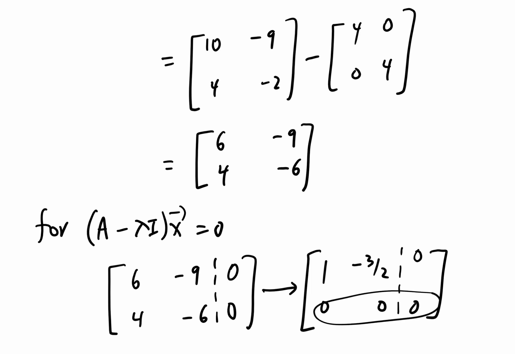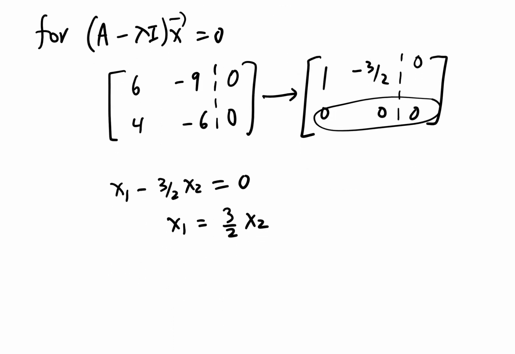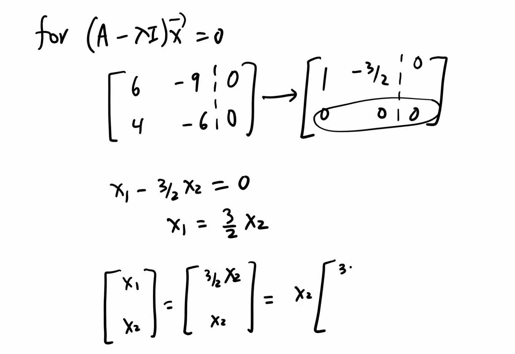So if I look at the first row, I have 1x1 minus 3 halves x2 equals 0. So x1 is 3 halves x2. So the vector x1, x2 is 3/2 x2, and x2 stays the same. You can factor x2 out. That gives me 3/2 and 1.